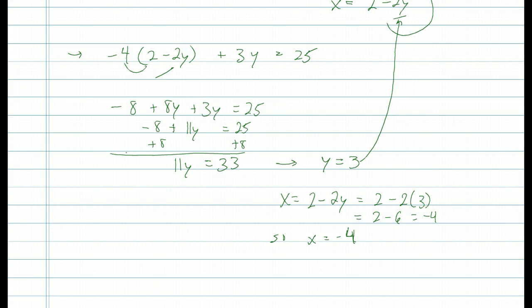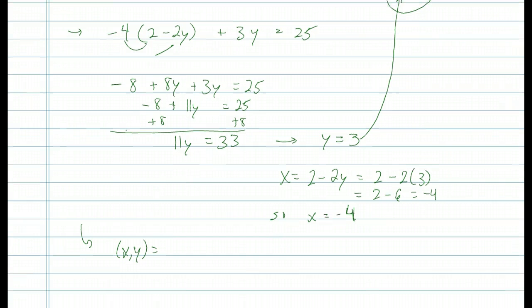The x component is negative 4, the y component is 3, so the solution to our system has got to be an ordered pair: x and y is negative 4 and 3. That solves the system of equations. So if we plug in negative 4 for x and 3 for y into each equation, they will both be satisfied at the same time.